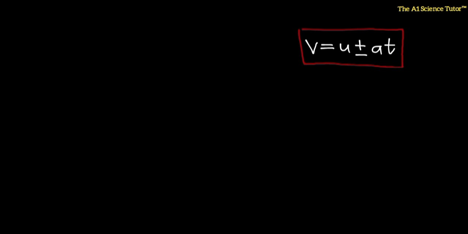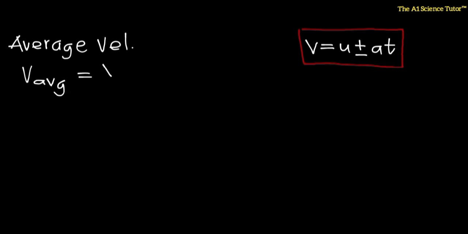Now, what is average velocity? So I'm just going to write that as average velocity. That will be v average. Average velocity is basically the sum of the final velocity and the initial velocity divided by 2.